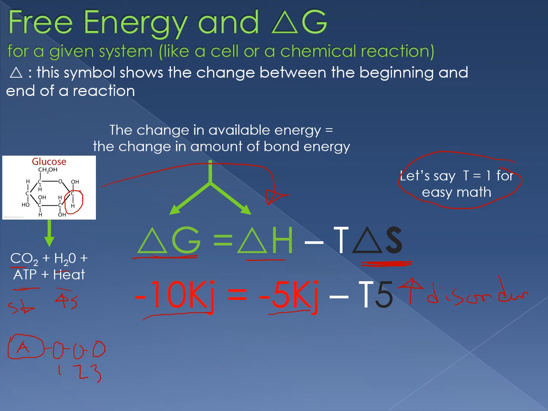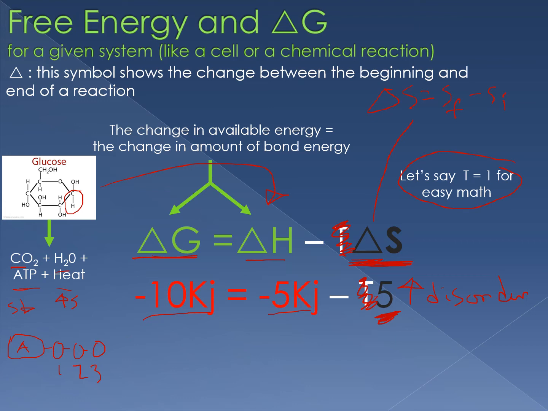Remember also these deltas, these triangles, what that essentially means is delta S would be S sub final minus S sub initial. So if T is 1, we can just ignore it, right? So if I was going to do the math to make delta S equal 5 here, I'll get a better color, I'll get black.